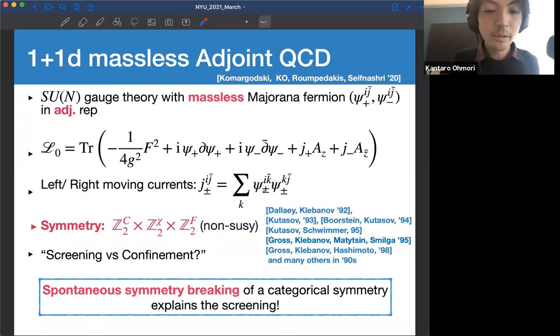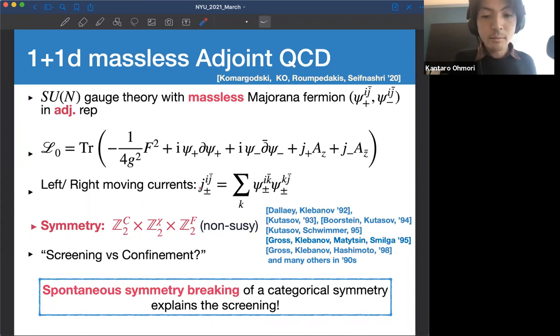indices. And so the current for this SU(N) is formed as a fermion bilinear, and this is just a very standard gauge theory Lagrangian. The symmetries of this Lagrangian are these discrete symmetries: Z2 charge conjugation, Z2 chiral fermion parity, and non-chiral fermion parity.